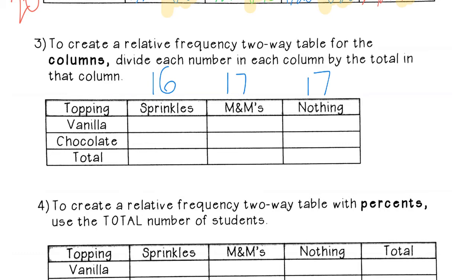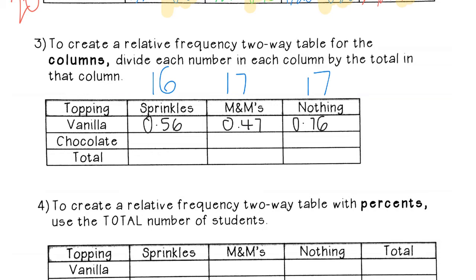So if I look at the vanilla row, I have 9 divided by 16, which would give me 0.56. 8 divided by 17, which gives me 0.47. And 13 divided by 17, which is 0.76.